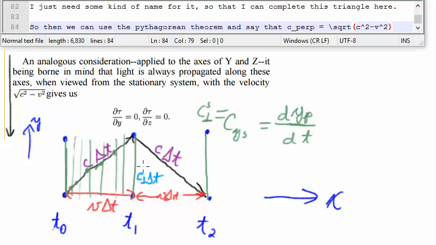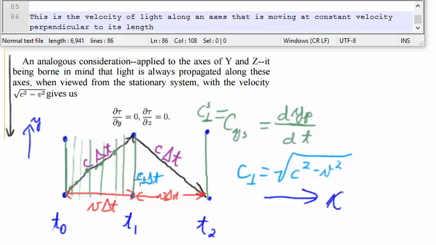Then we can use the Pythagorean theorem and say that c perp is equal to the square root of c squared minus v squared. So this c perp is the velocity of light along an axis that is moving at constant velocity perpendicular to its length.